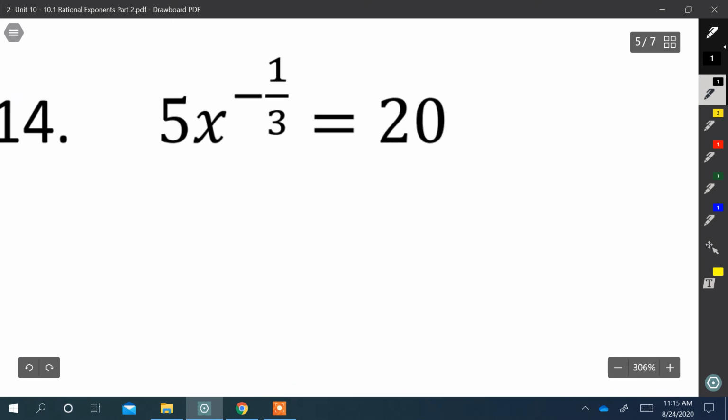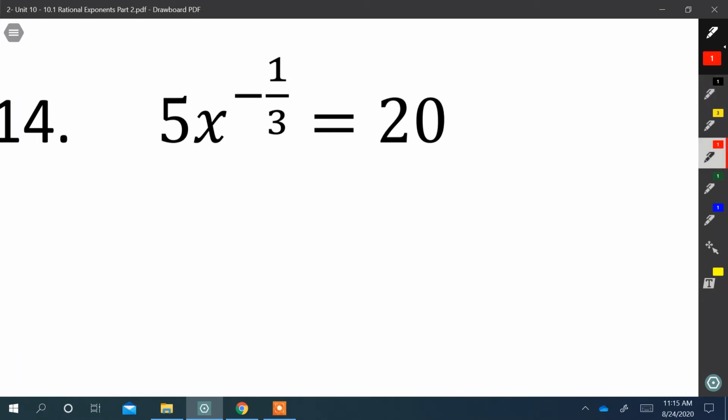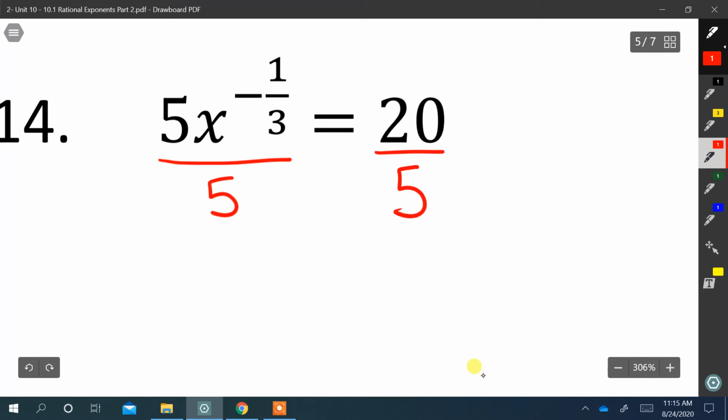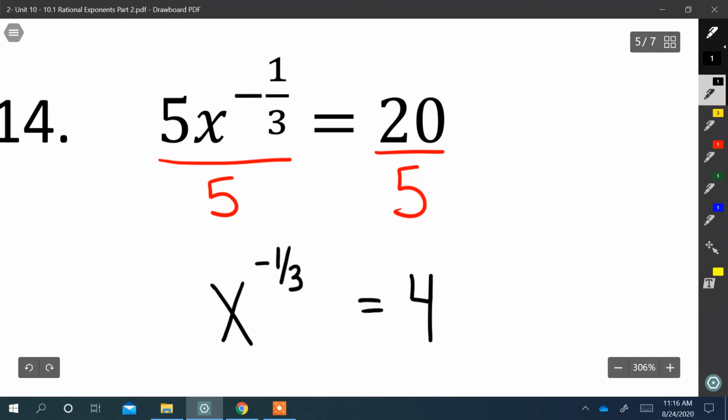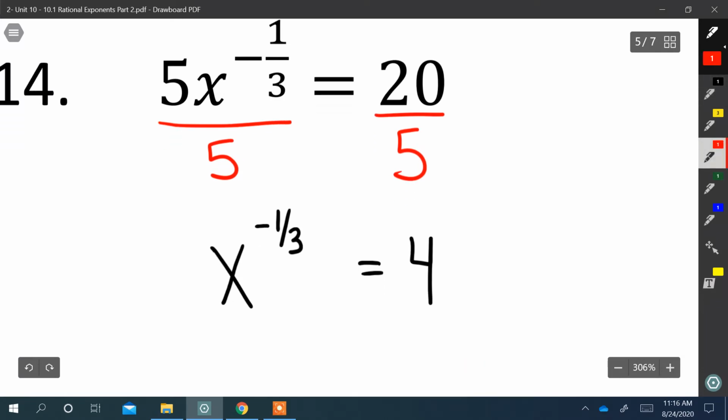Let's actually solve this one. What you could do on this one here, first of all, before you do anything, is divide by 5 on both sides, so that you get x and negative 1/3 is equal to, well, 20 divided by 5 is 4. Now we want to multiply times the reciprocal. So the reciprocal of this one, let me actually rewrite this one as 1 over 3 so you can see it better like that.